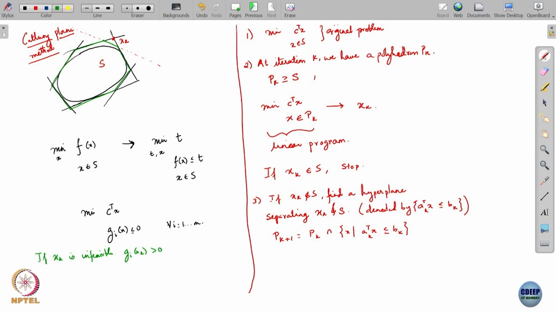So, I assume that these are all convex. Okay.